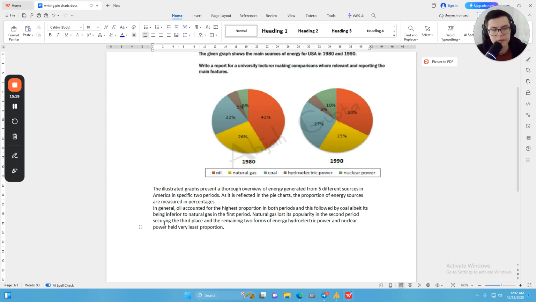So, let's give it a rate here. In general, oil accounted for the highest proportion in both periods, and this was followed by coal, albeit it was inferior to natural gas in the first period.